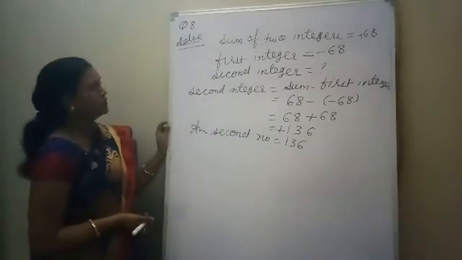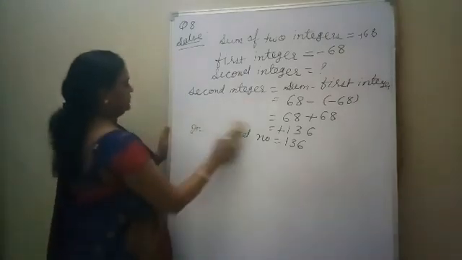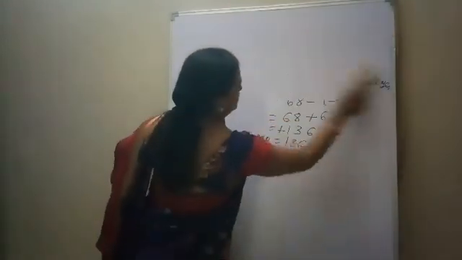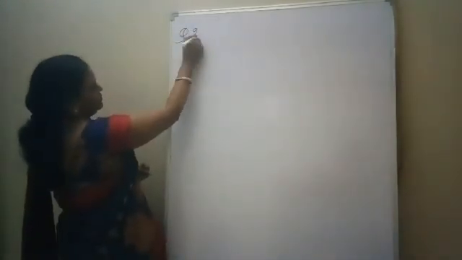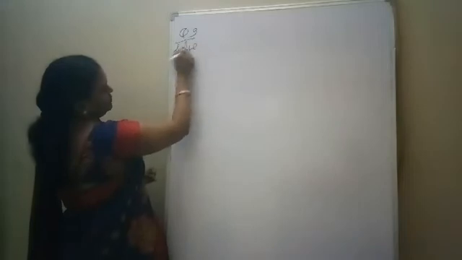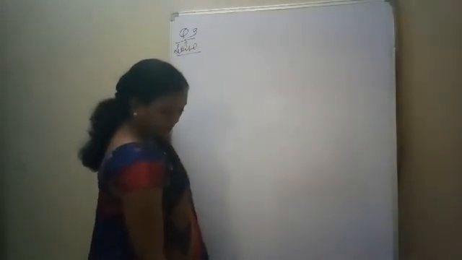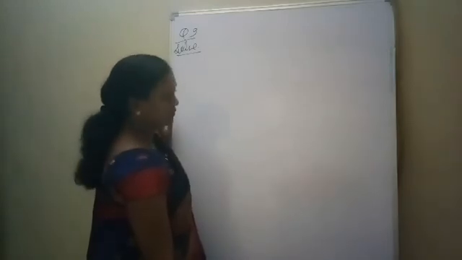Now come to the next question, that is question number 9. In question number 9, the temperature of a particular morning is 14 degrees Celsius, but by midnight it falls to minus 2 degrees Celsius due to rain.